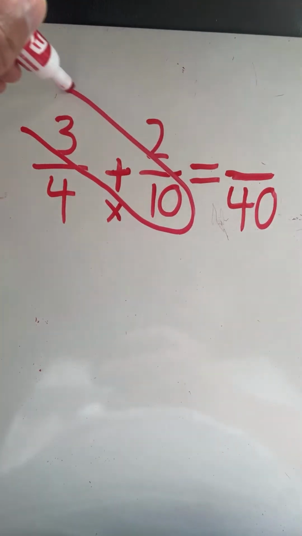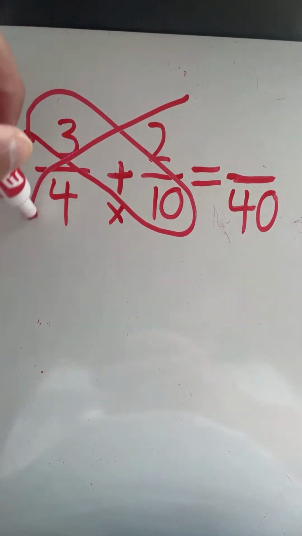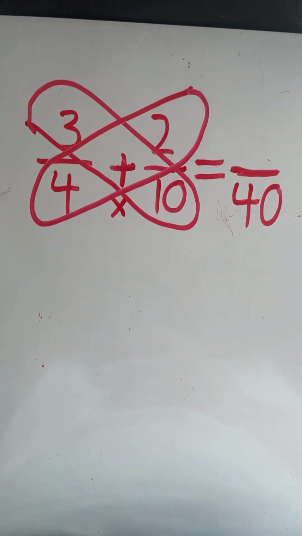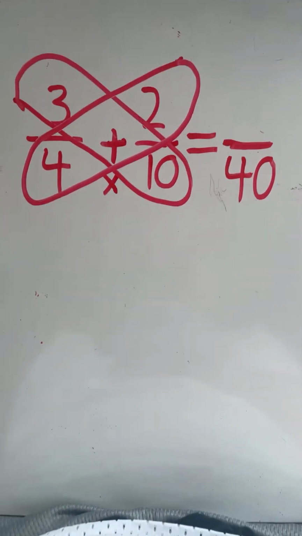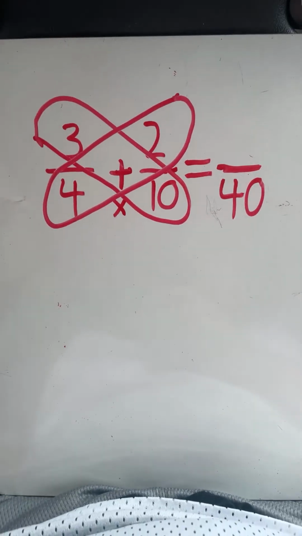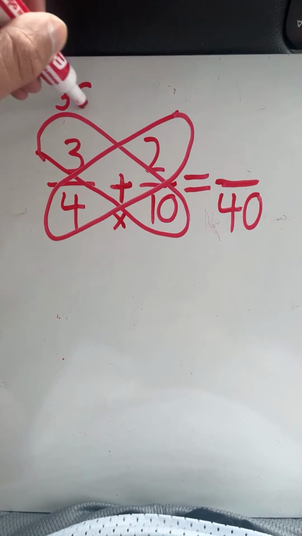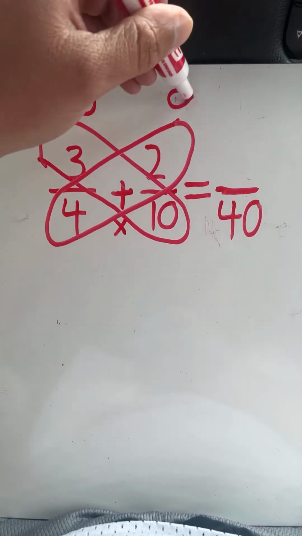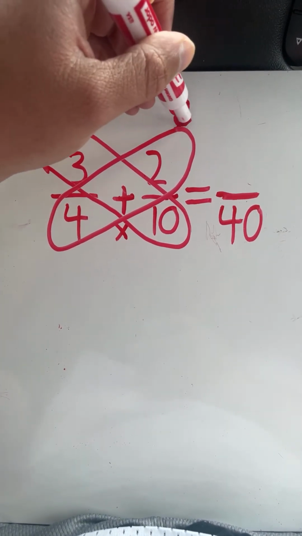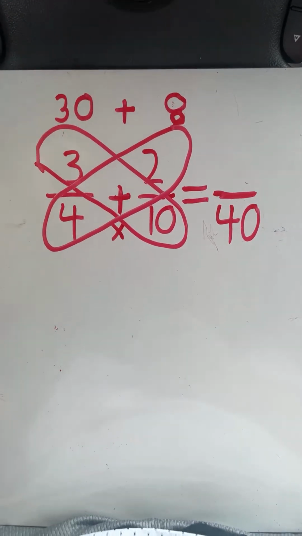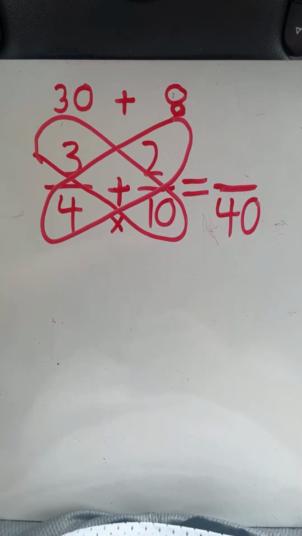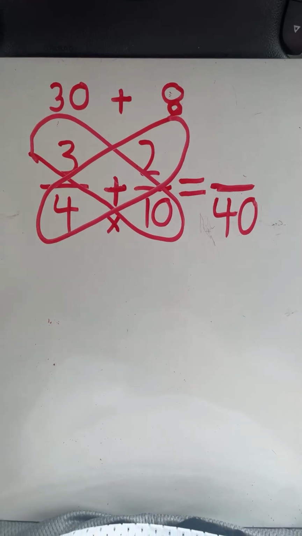Next, we have to multiply each numerator times the opposite denominator. Three times 10 equals 30. 4 times 2 equals 8. So we now have our two numerators here, 30 plus 8.